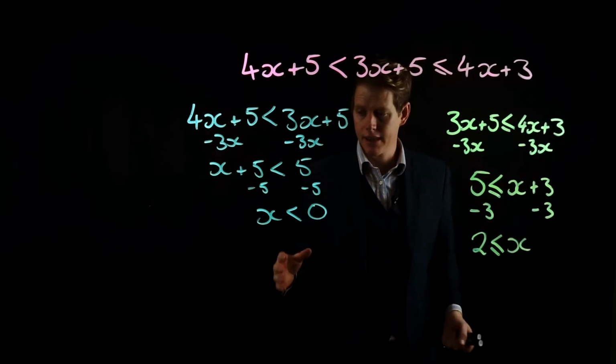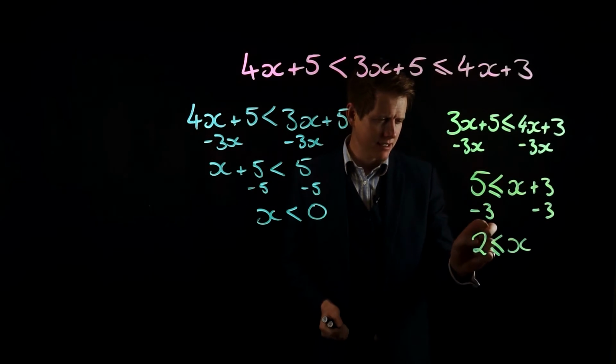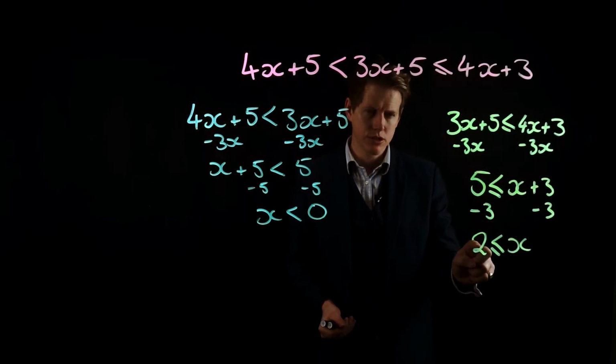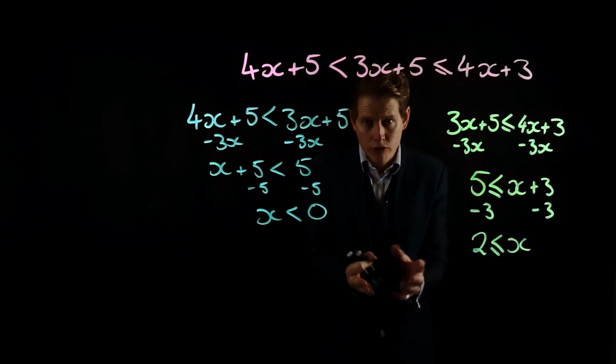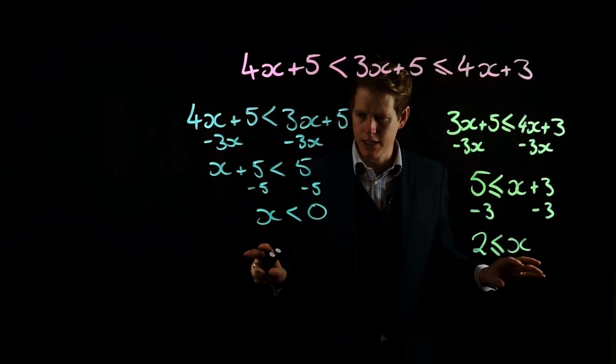Now if I look at these together, x is less than 0 and x is greater than or equal to 2. I couldn't rewrite them as one inequality. Sometimes you can, but these two are separate inequalities.